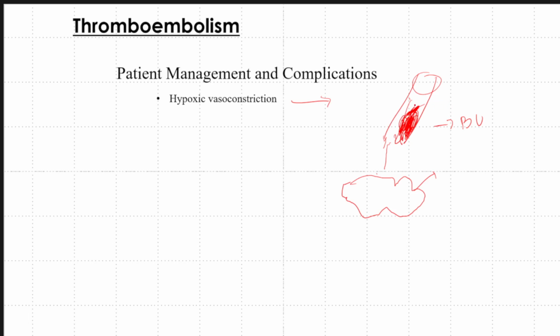Okay, so when you have a blood vessel that is disrupted by a clot, okay, or a thromboembolus, and then there is no full occlusion of the particular vessel. There is only partial occlusion and makaka-flow pa yung dugo dito.